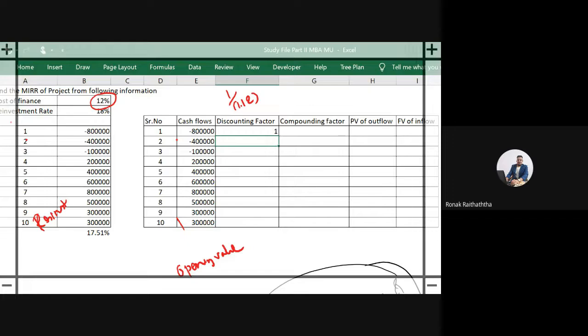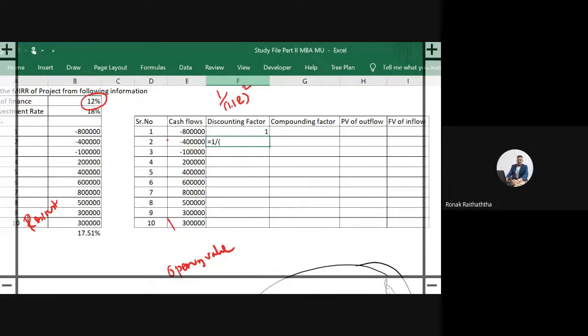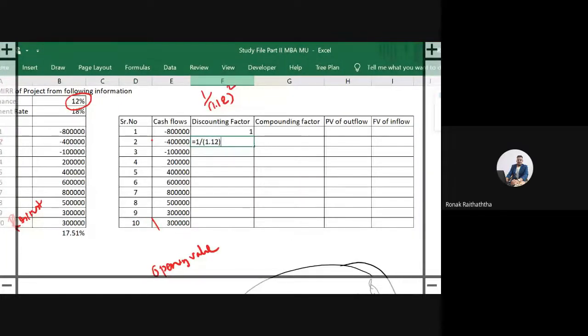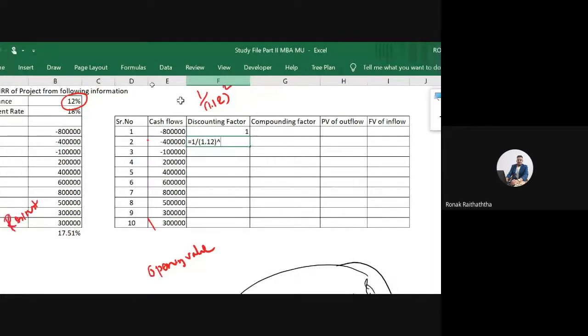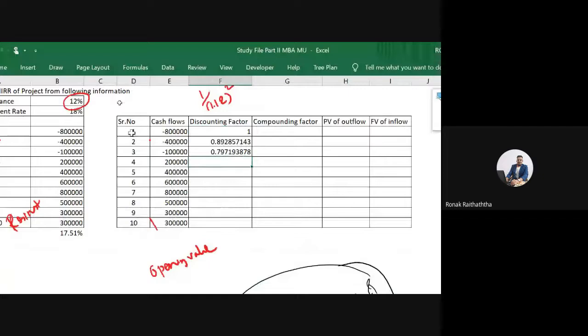And for 1 lakh, the discounting factor would be 1 divided by 1.12 raised to 2. I am doing it over here in Excel. You may just cross verify that in your manual calculation. Now there is no requirement to find the discounting factor for inflows, because the discounting factor is required only for the outflows.